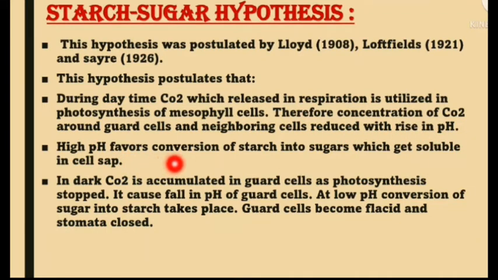High pH favors conversion of starch into sugars which become soluble in cell sap. In dark, CO2 is accumulated in guard cells as photosynthesis stops. It causes a fall in pH of guard cells. At low pH, conversion of sugar into starch takes place. Guard cells become flaccid and stomata close.